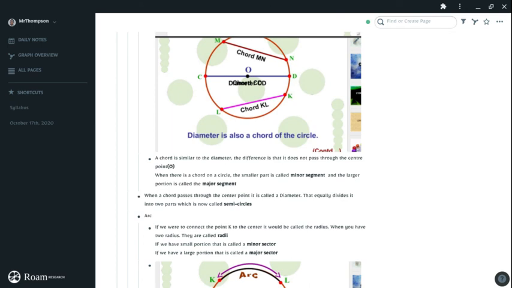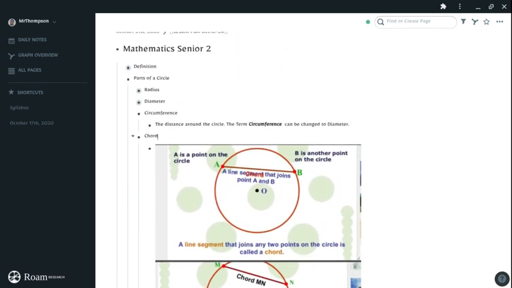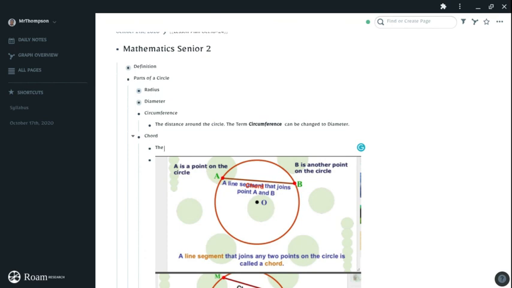No, remember, sector goes with arcs, segment goes with chords. So let me write that for you. So let's scroll back up because we're on chords now. I thought sector is radius. Look here for me. So sector goes with arcs. Remember, 2 points on an arc.